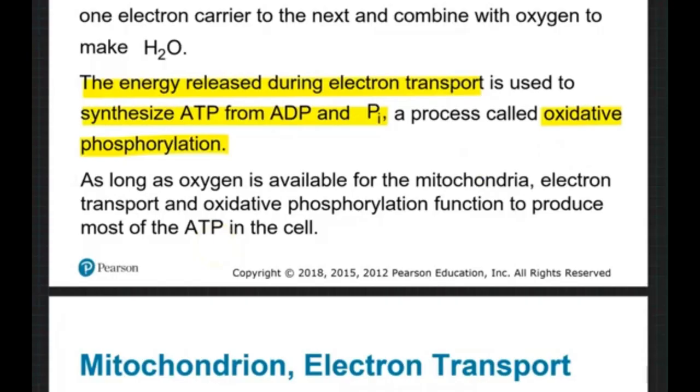Most of the ATP in the cell is produced by oxidative phosphorylation if oxygen is available.